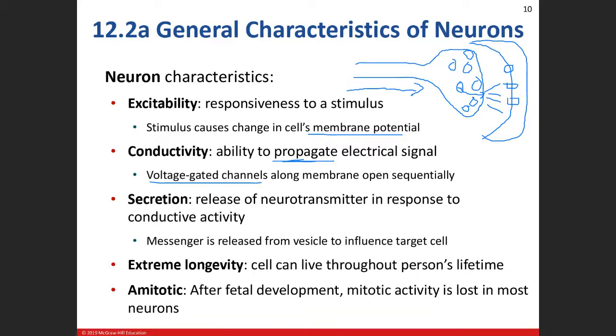There's an area in the brain, in the hippocampus, where neurons can divide. In extreme situations, a neuron can divide. But for the most part, because I always argue with people every semester, they're considered to be amitotic. Your skin cells divide regularly. Neurons do not. So keep in mind, amitotic, they will not divide.